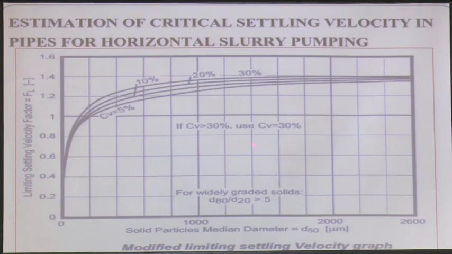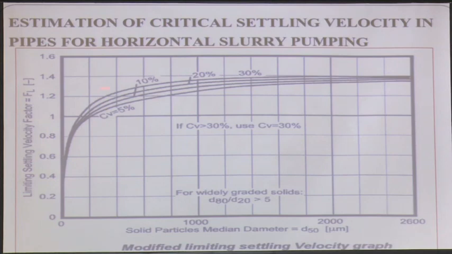Here the curves go like this and this is for widely graded particle size. That means, if your D80 by D20 exceeds 5, then this one is applicable, right. So, what is happening? You have got 5, 10, 20, 30 and there can be a 40 also, but he is telling that if it is 40 you have to consider it as if it is 20, right.